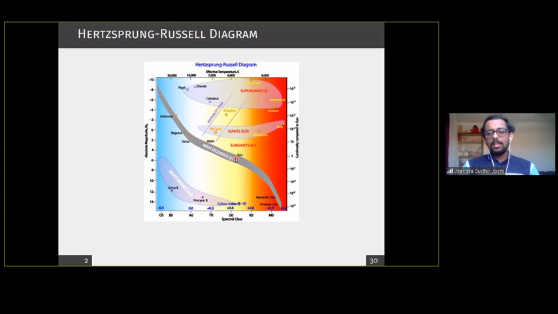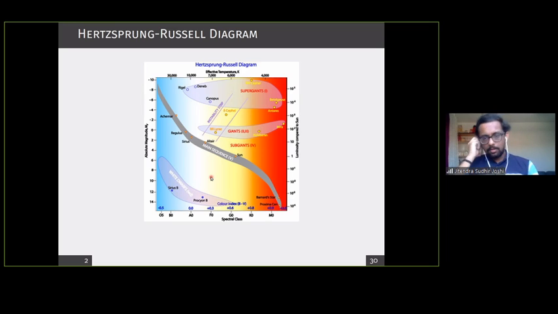But for the low mass stars, just like our sun or some other star, once it stops burning hydrogen, it does not have enough energy or enough density to start the helium burning. So it goes in this white dwarf region, it collapses under its own gravity.